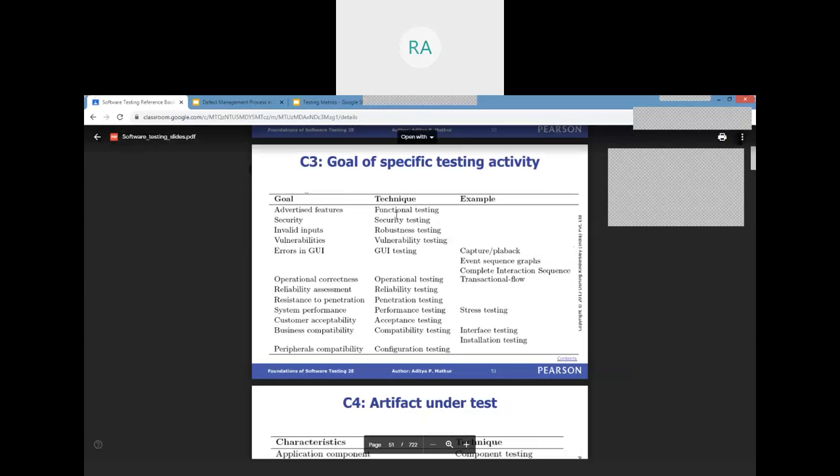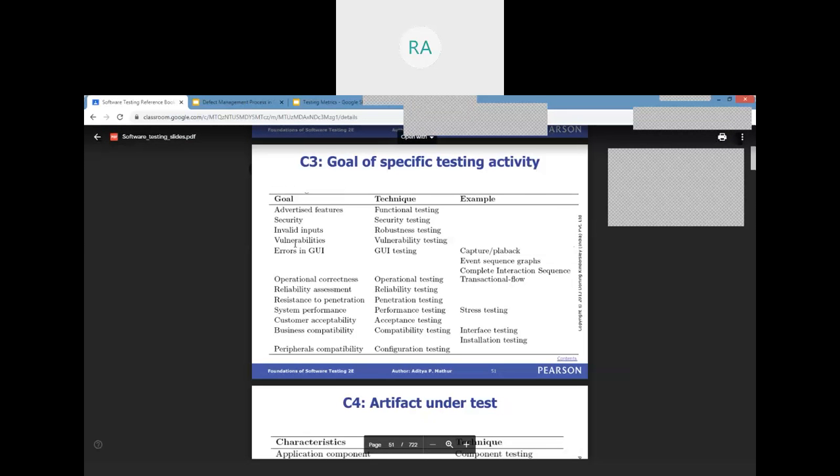Then what are the techniques that I will be using? If my objective is just to advertise the new features of my product, then I have to carry out functionality testing. If security is the main objective of my testing process, then security testing.